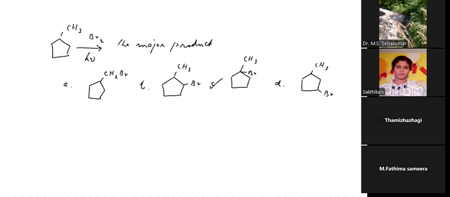So, in the presence of light, h nu means light energy of suitable frequency, which will make the bromine undergo homolytic division to make bromine dot and bromine dot. So when this bromine dot is getting attached to here, the formed free radical will be more stable. Therefore, this product is the major one.